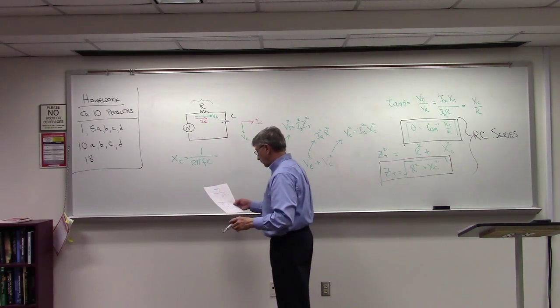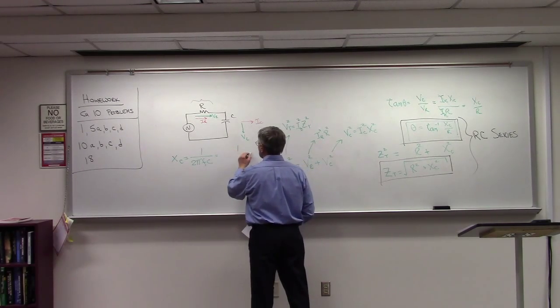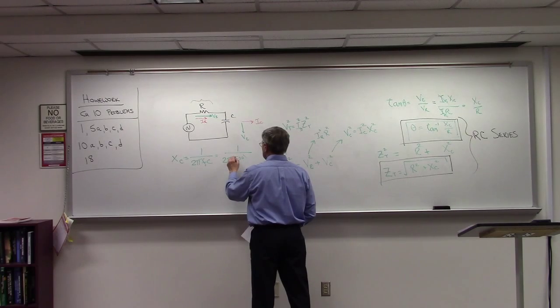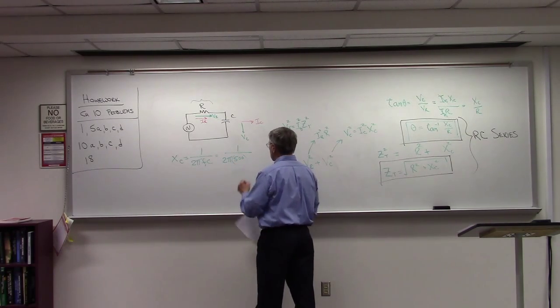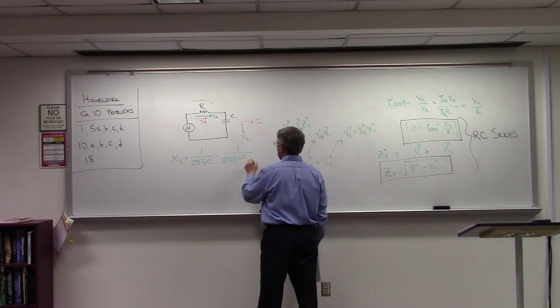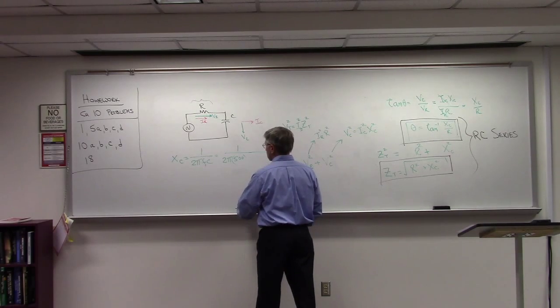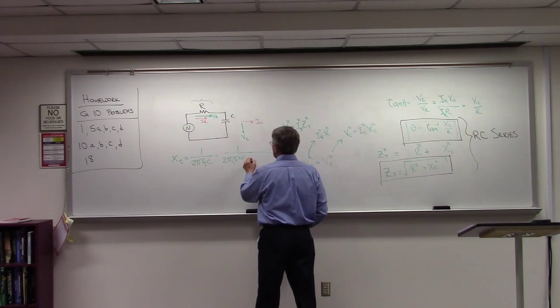What did I finally change that to? 500 hertz? And a 1K resistor, 1,000 ohms. Oops. 500 hertz and the capacitance is 5 microfarads.